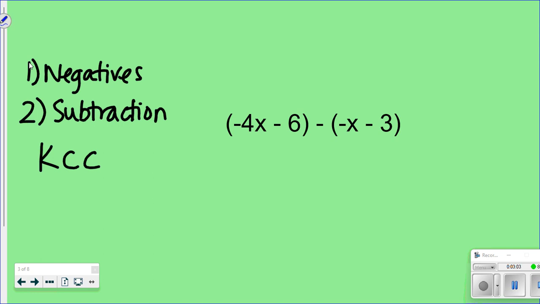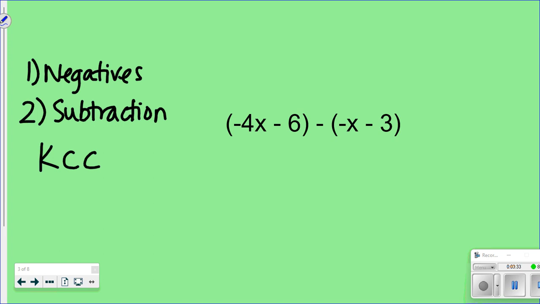If there's a negative involved, and negatives could be before a number, it could technically be inside, so even if it's a subtraction sign, it could still be a negative. We have negatives all over the place inside. And if this is subtraction, then we're going to have to use keep, change, change. Now here's the thing, if you use keep, change, change, you're most likely going to want to use it for both sets of problems, the one with the coefficient and the one with the constant. So here's how you can do this.